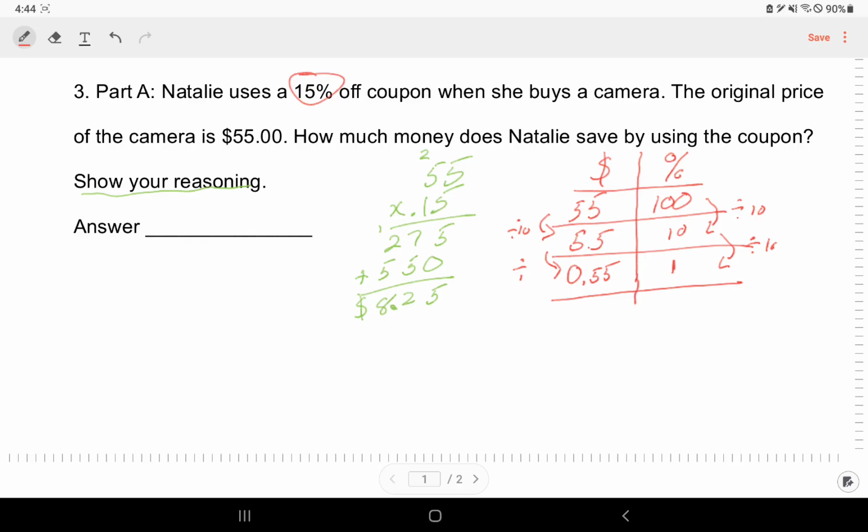And so now we have a couple of options. I can do 0.55 times 15 to get to 15%, or I can do times 5 and times 5.